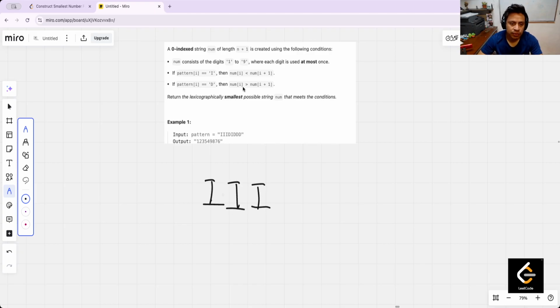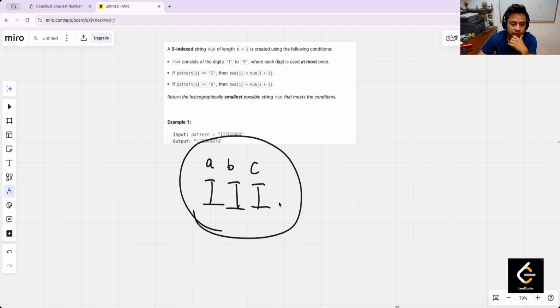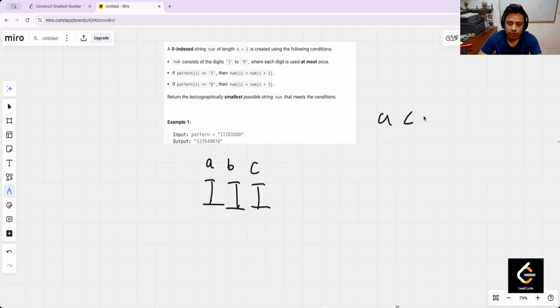In this case, for example, with A, B, and C, A needs to be less than B, and B should be less than C. And for example, we want the lexicographically smallest possible string.